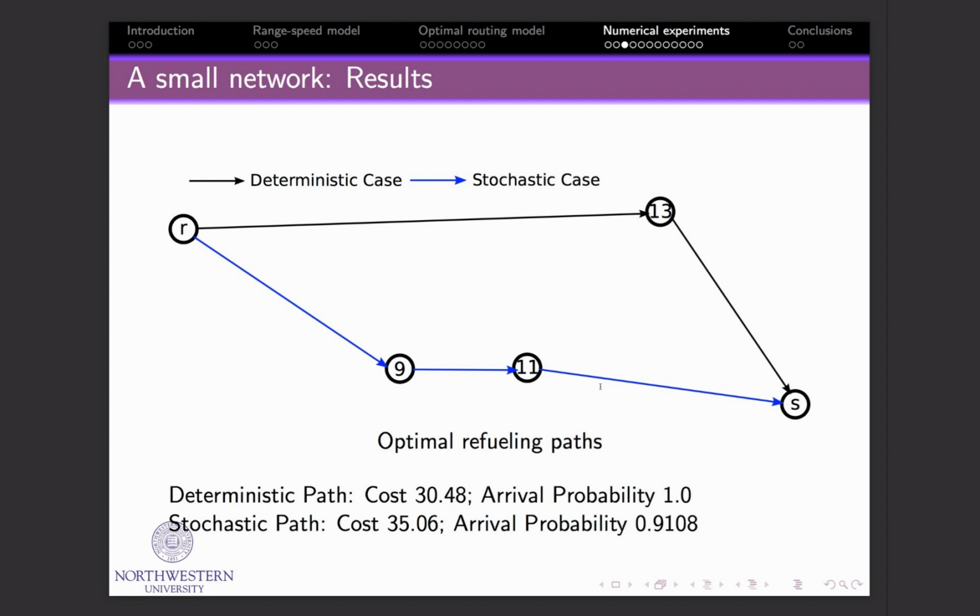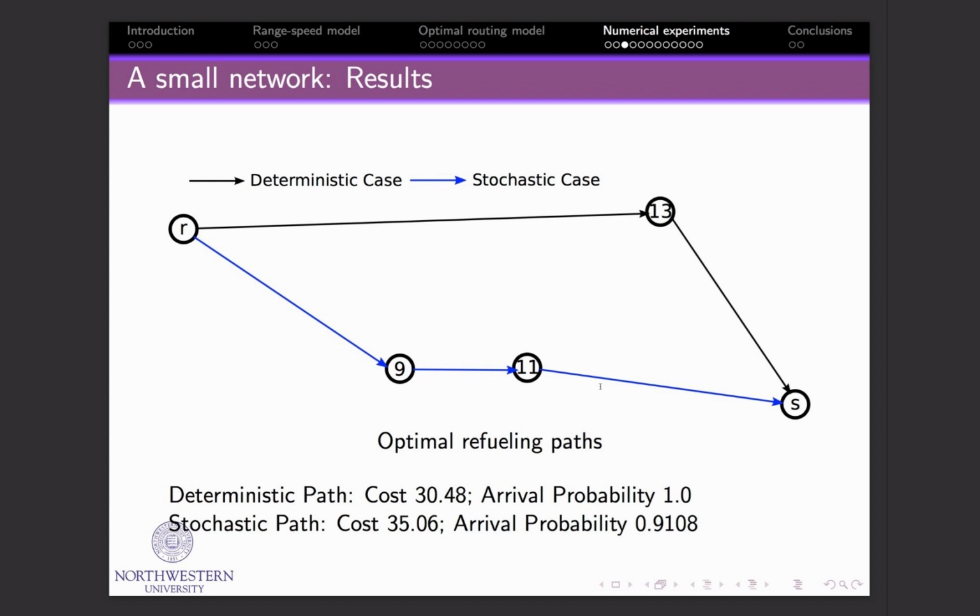To demonstrate this, we take a realization of the adaptive path between node R and node line as an example. In this figure, we can see a driver starts with full range 25 miles at node R and moves to node 1 based on the optimal routing policy given by the first stage algorithm.